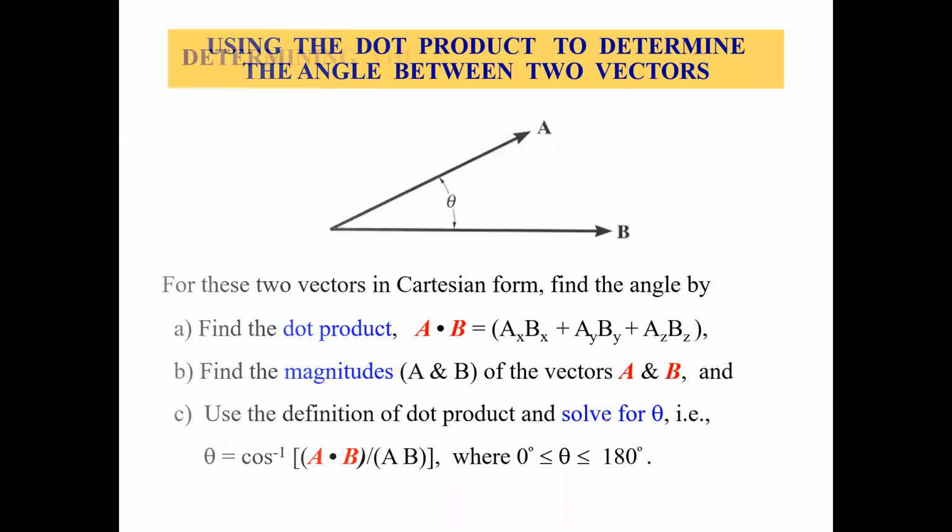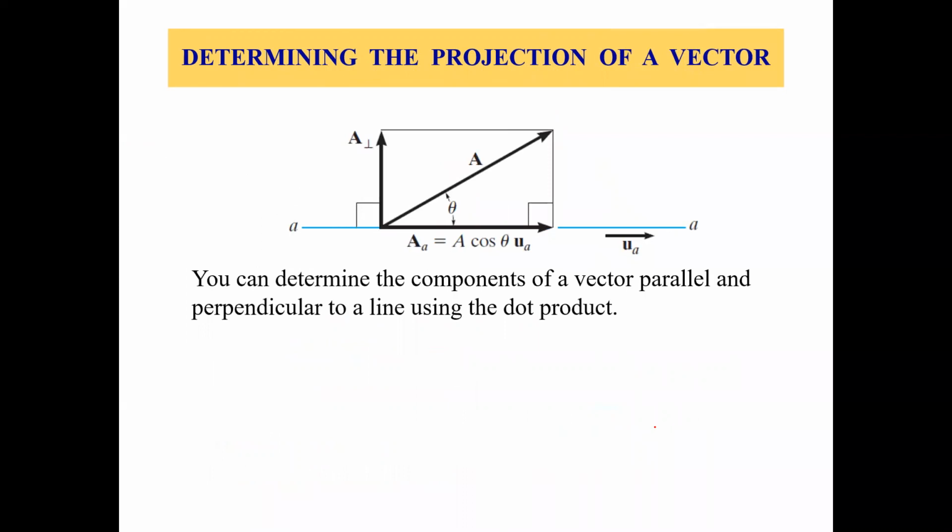All right, okay. Now, as we discussed during the initial part of this lecture about the application of dot product, or application of projection of a vector, let's find out how to determine the projection of a vector. Okay, so if you look at this figure, we have this vector A in this direction.